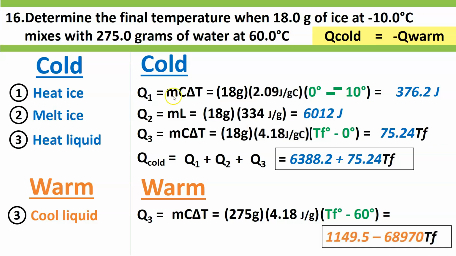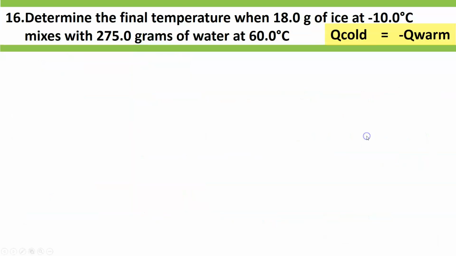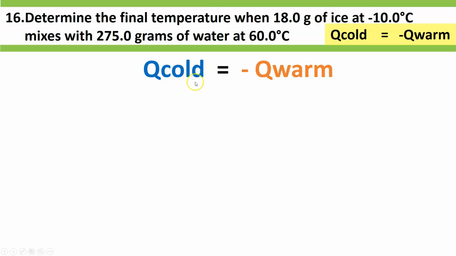Now that we have all our pieces, let's think of the calorimetry part. We know that we're going to have Q equals negative Q, equal and opposite. Energy absorbed is the energy released.